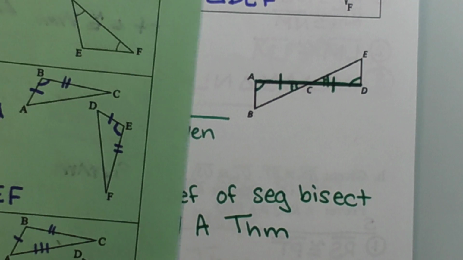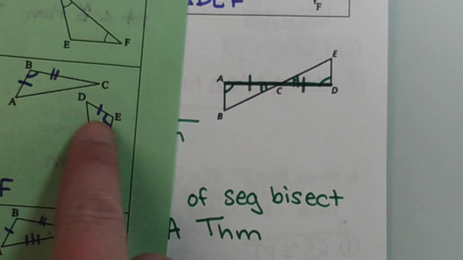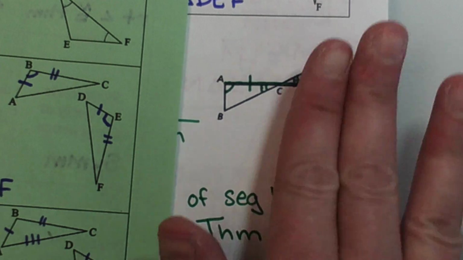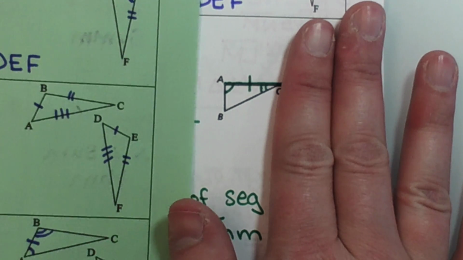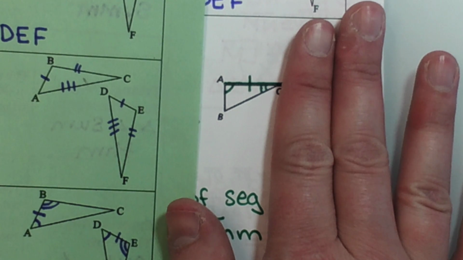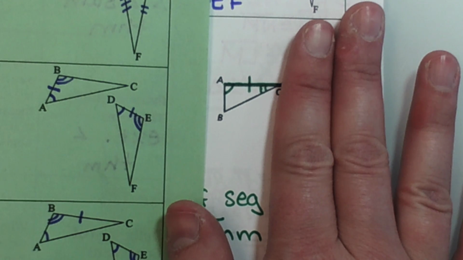Okay. Does the setup look like this? 2 sides and an angle between? There's only one side marked as congruent. It's not that one. This one's 3 sides marked as congruent. No, there's only one side marked as congruent. Is it this setup? Yes, 2 angles and the side between them.